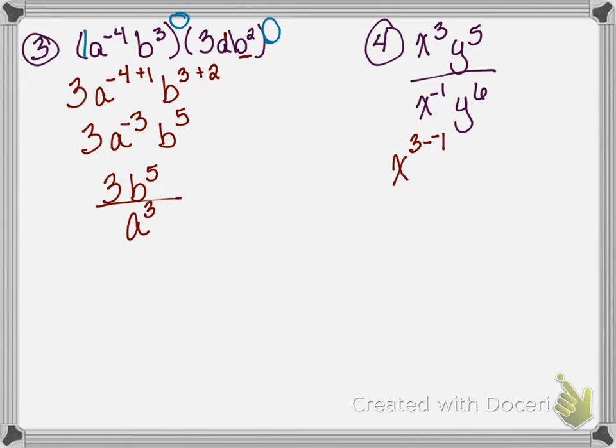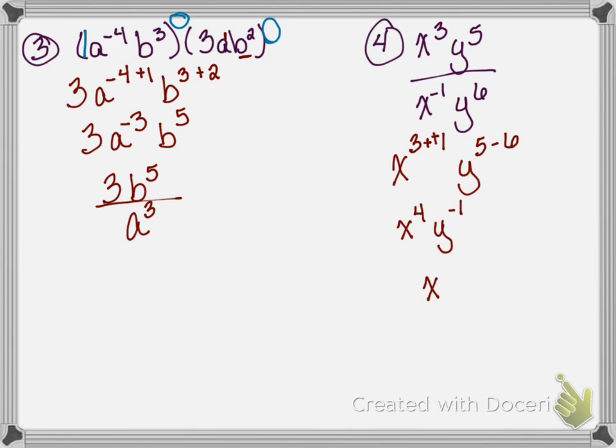And minus a negative becomes what? A positive. Then for my y, I have a 5 minus 6. 3 minus negative 1 is going to be positive 4, because that becomes plus a plus. 5 minus 6 is negative 1, so y to the negative first.